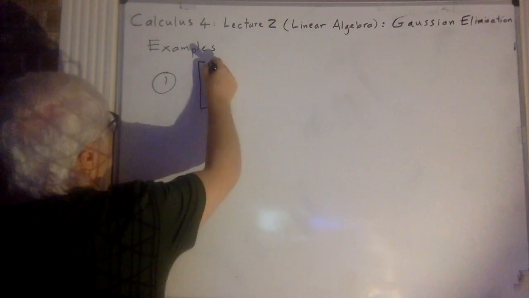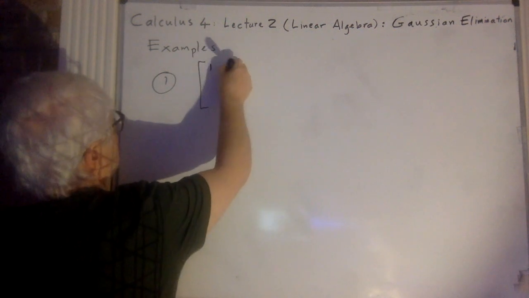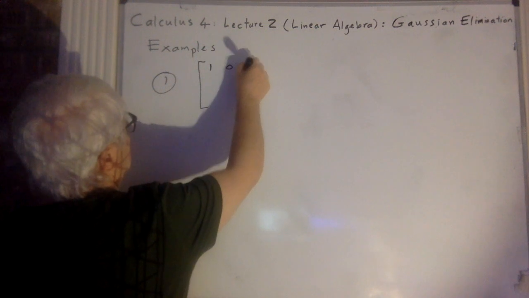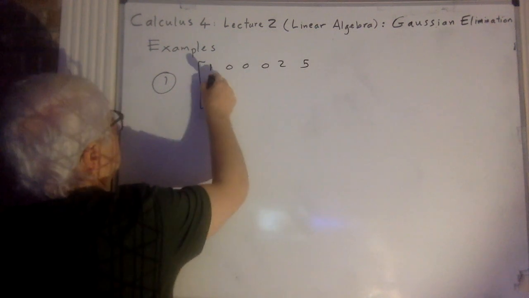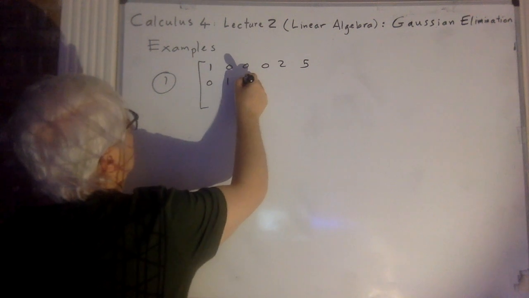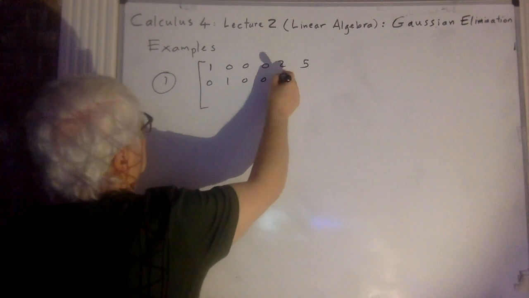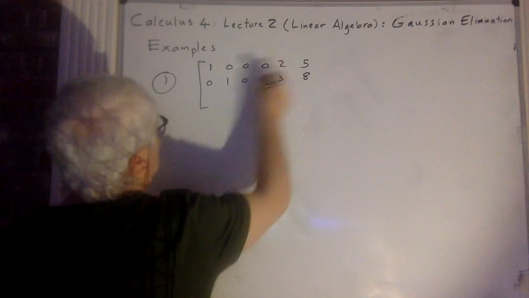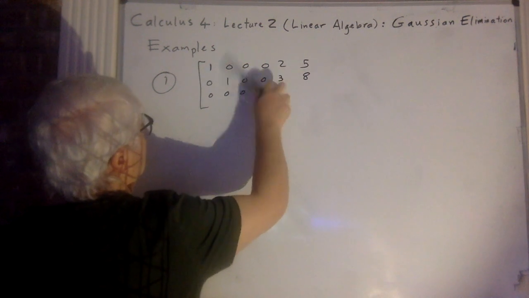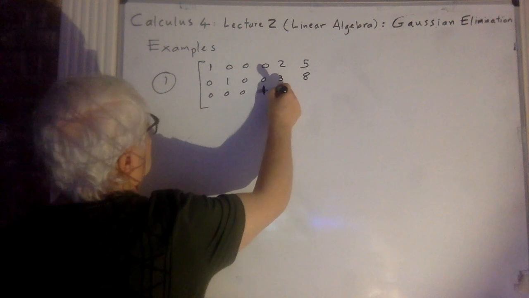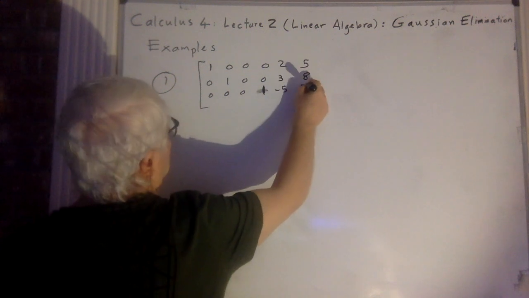That was one example: 0, 0, 0, 2, 5, say, 0, 1, 0, 0, say, 8, for example, and then this one can be 1 here, 1, 5, 25, something like that.